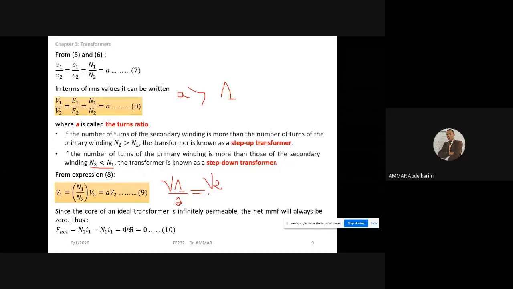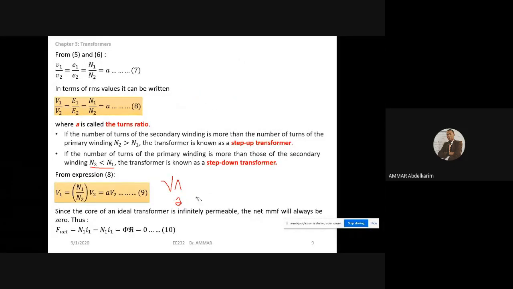I think we should have an example to understand it. Let's take the simplest example we can.